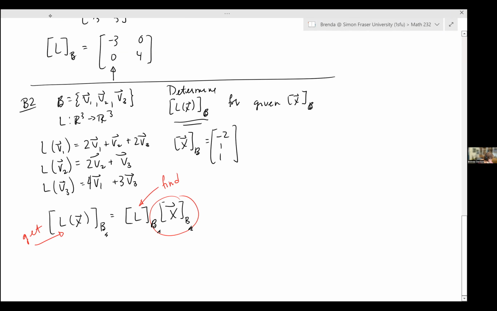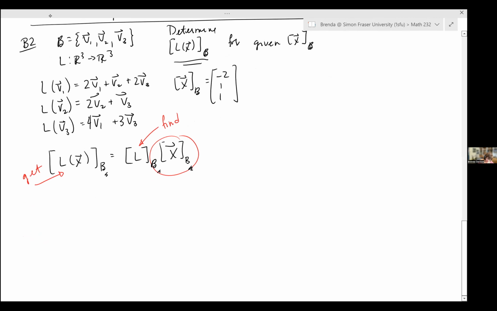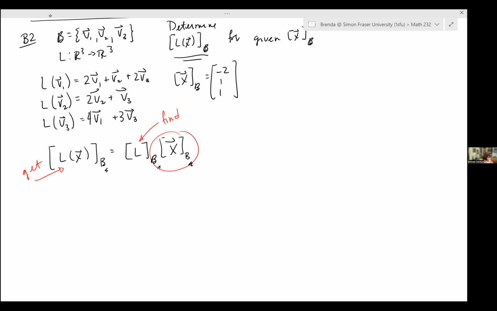Okay, so let's think about this. We want to understand, well, we can easily understand what is happening to the basis vectors. Okay, sorry about that.